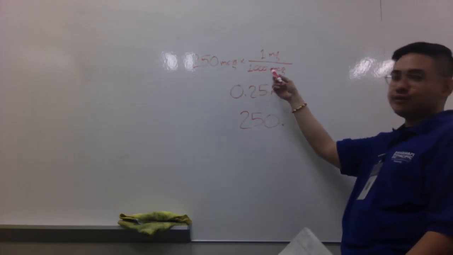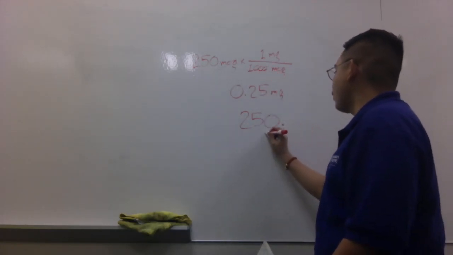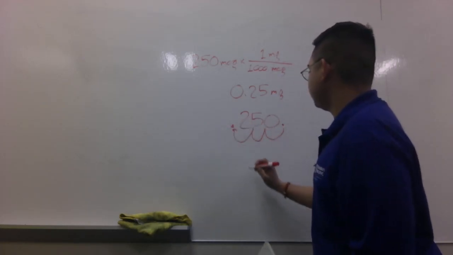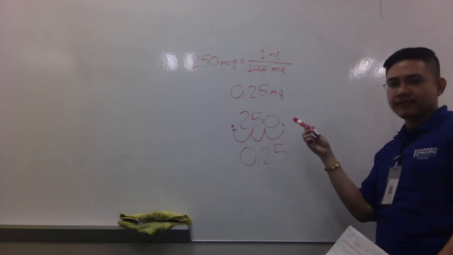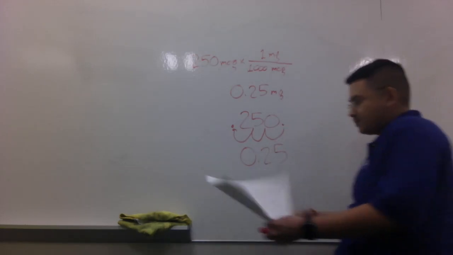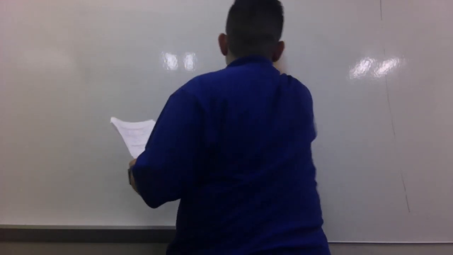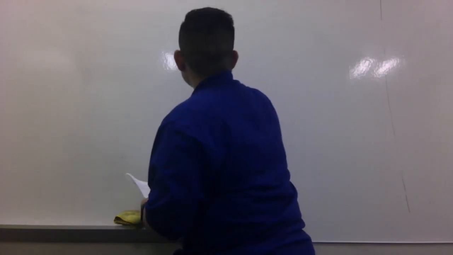So how many zeros do we see here? 3 zeros. So we move 1, 2, 3. That's how we get 0.25 milligrams. Got it? Okay. Now we know we have the milligrams already settled. So it's 0.25 milligrams.